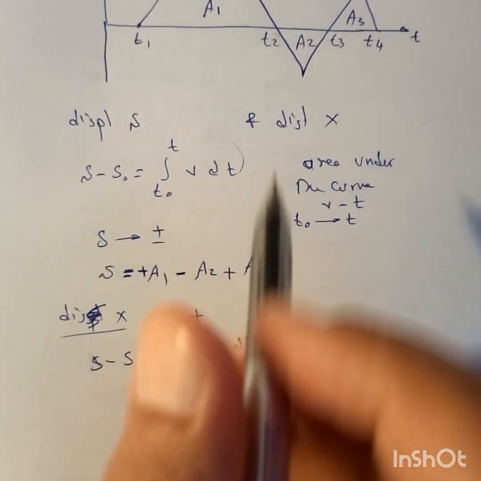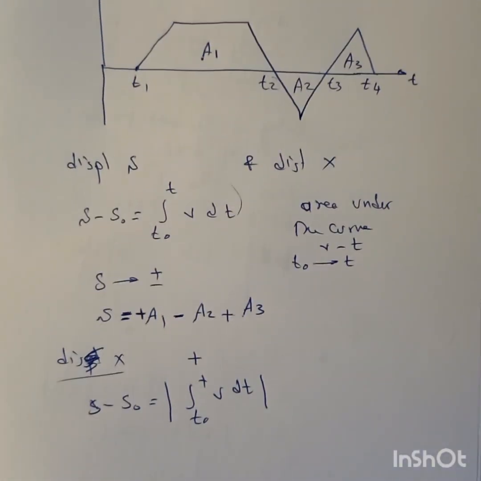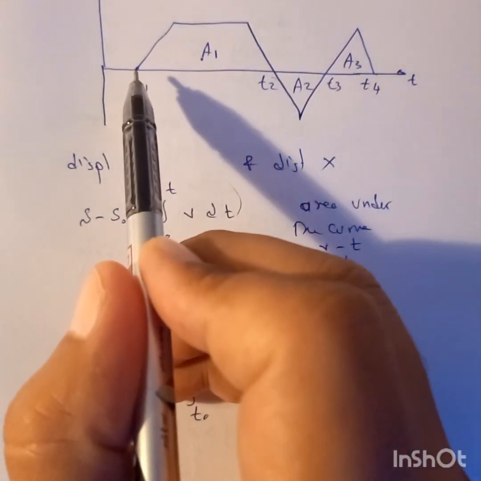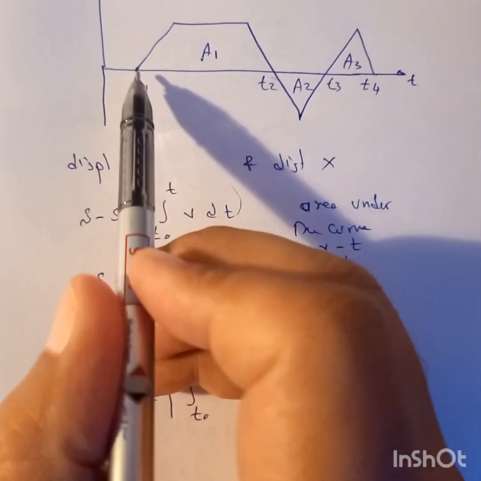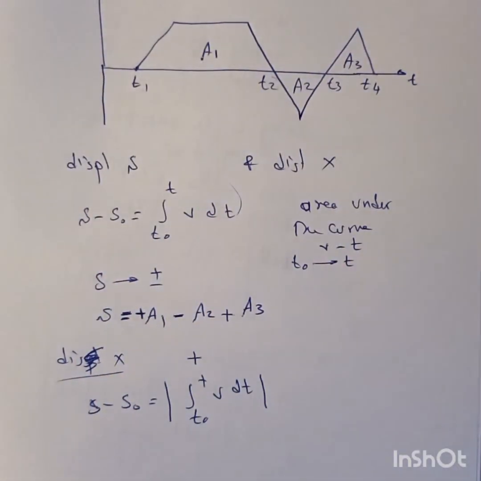Then by applying this rule in this curve, you can find the distance moved by a body moving in a straight line from t1 to t4 according to this v-t relation.